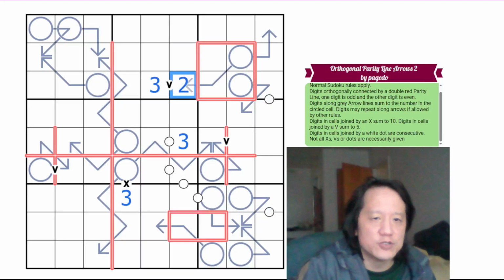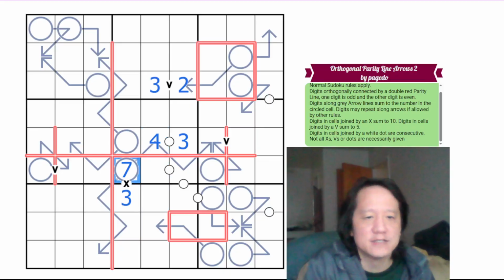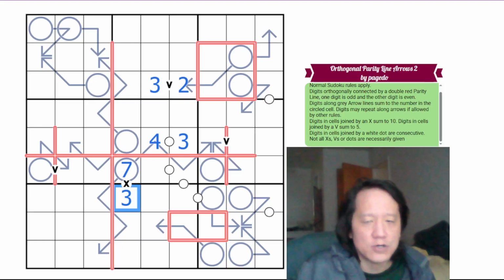Then this would have to be 2, because these two digits must add up to 5, because there's a V in between them. This must be 7, because these two digits must add up to 10. And this must be 2 or 4, because these digits must be consecutive. And this is 10, because it has an X in between them. And those are all the rules.